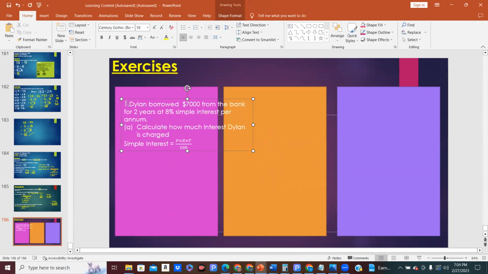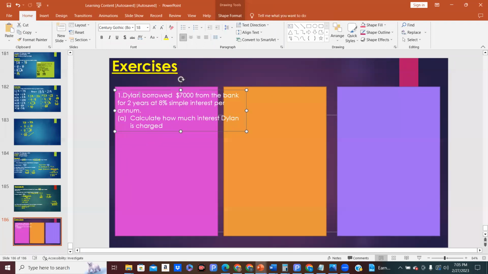This is number one. Please don't write down the exercises yet. Give me one moment to change them. So let's say Suzanne borrowed, instead of 5,000, say 4,000 from the bank. We keep it at 2 years, and let's say it's 6% simple interest.